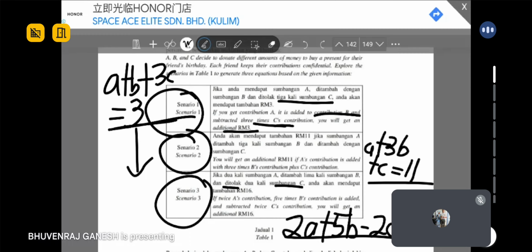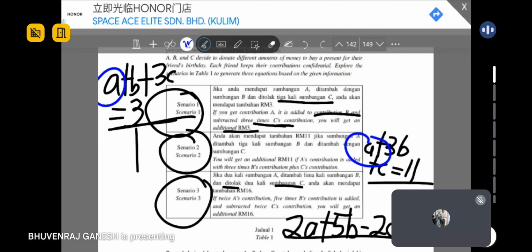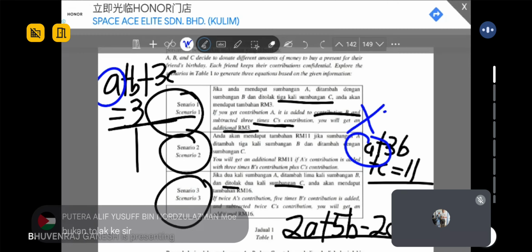A dan A. Penghapusan. Elimination directly. Okay, kamu dah ada satu persamaan dalam B dan C. Why scenario 1 plus 3C? Scenario 1 plus 3C because 3 times C. Can you see? They say 3 times. So that's why 3C. Okay? So first step, you eliminate A. Okay, second step, you must times one equation by 2.